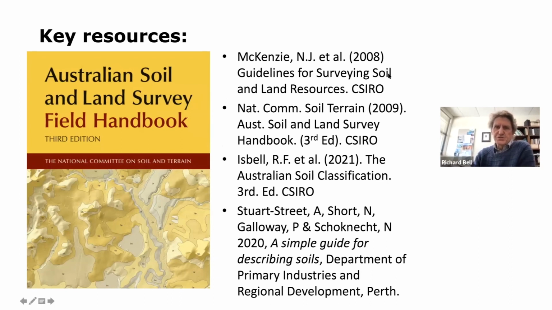If you're doing soil surveys, there's also the CSIRO publication led by Neil McKenzie of CSIRO. All of this formal classification refers back to the Australian Soil Classification, which has just been updated. It was released about a month ago at the National Soils Conference, the 3rd edition of the Australian Soil Classification.